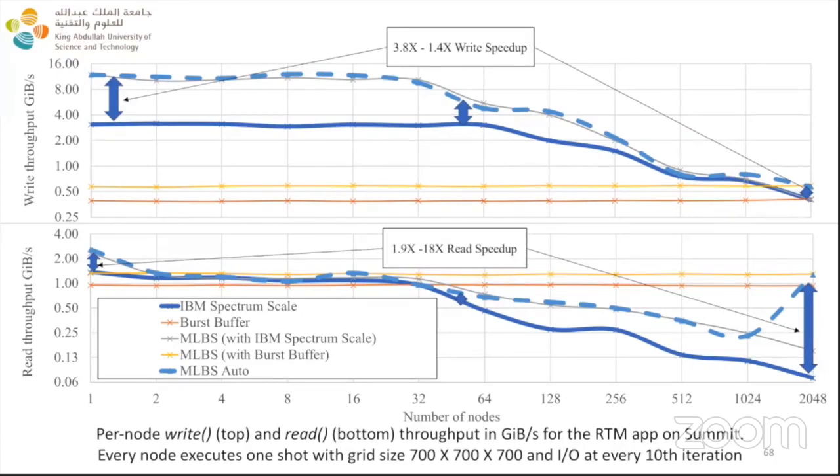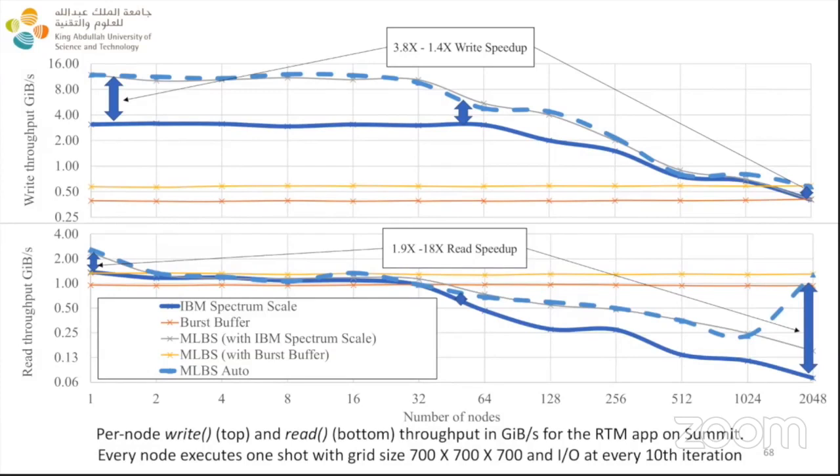The performance gain could be up to 1.4x when using 2000 compute nodes. However, on the read, the performance speed up of MLBS could be up to 1.9x when we have a very small number of nodes, and it could go all the way up to 18x speed up when we have a large number of compute nodes.